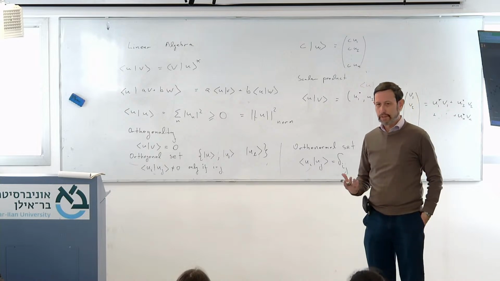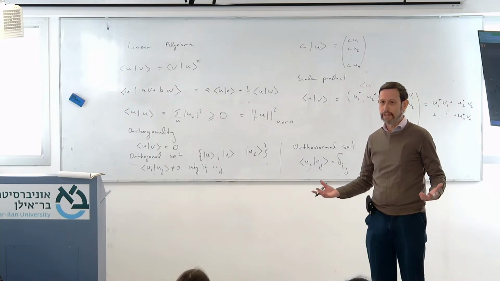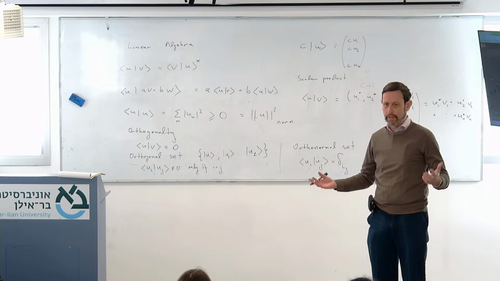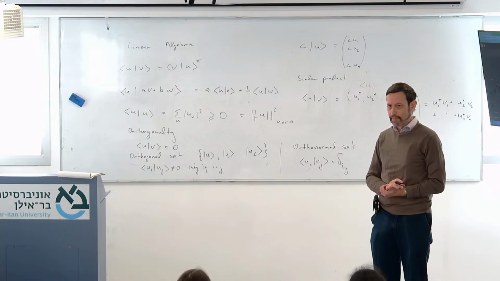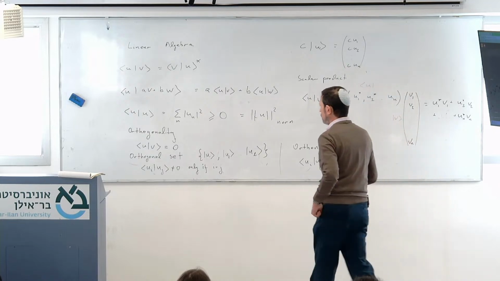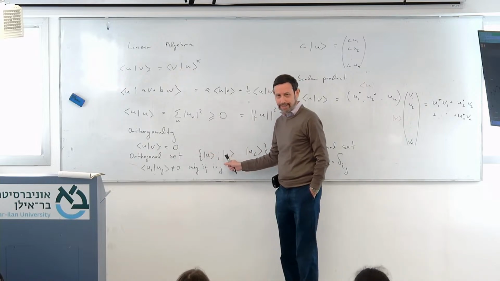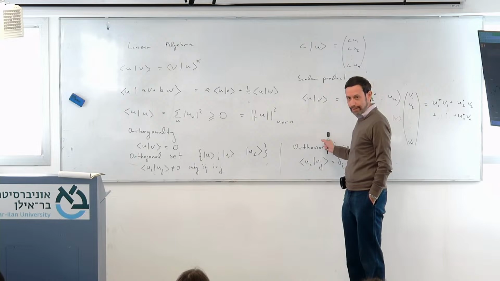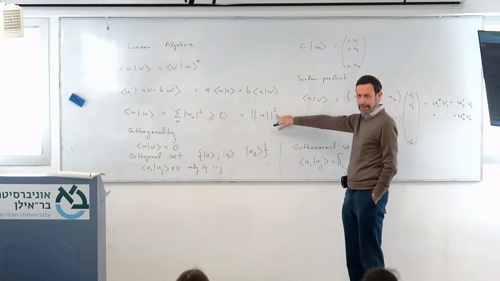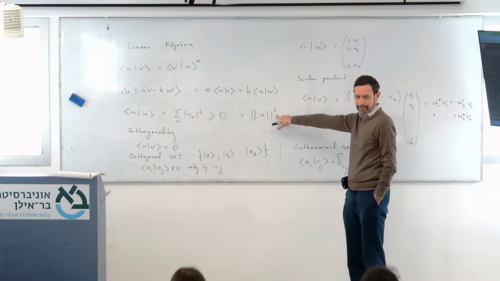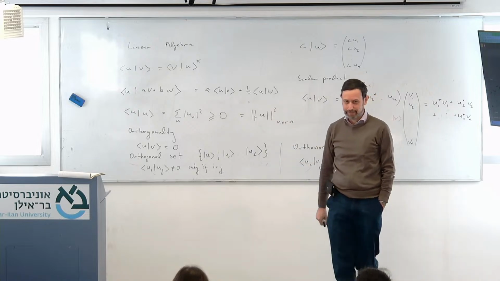It's orthonormal if this multiplication is 1 if they are equal, 0 if they are not equal. Now you can see that it's no problem to turn any orthogonal set into an orthonormal set if you just divide every vector by its norm, which is known in quantum mechanics as normalizing the wave function.